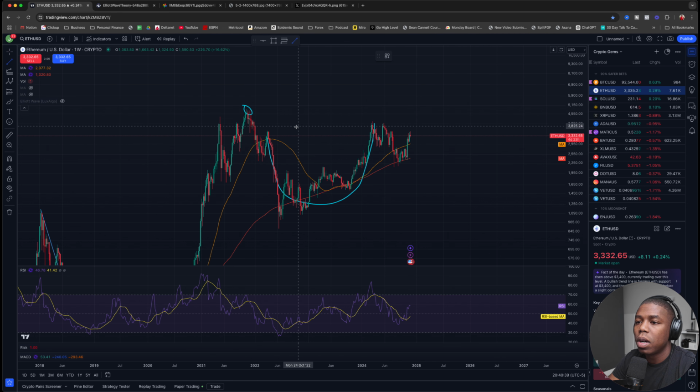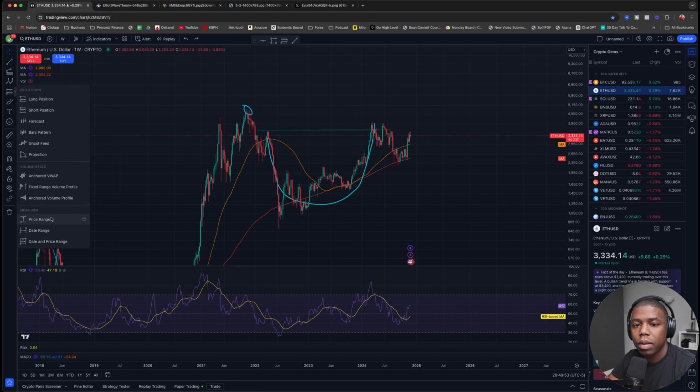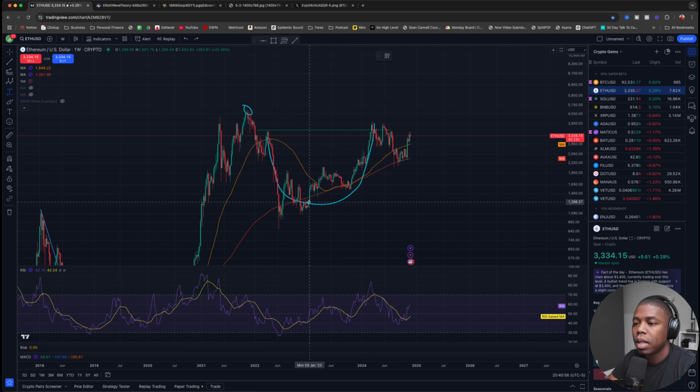If I were to draw a trend line, I'm just going to use this lower pivot point over here as our level of resistance. And then if we were to measure using the price range measurer tool, and I won't even go all the way down to the bottom, but I'll find this area right here.